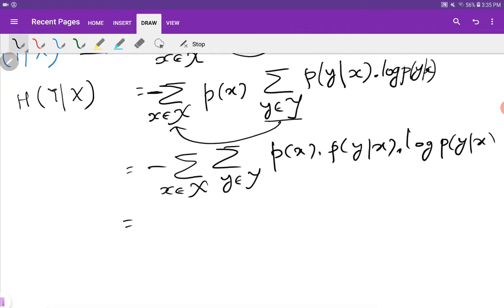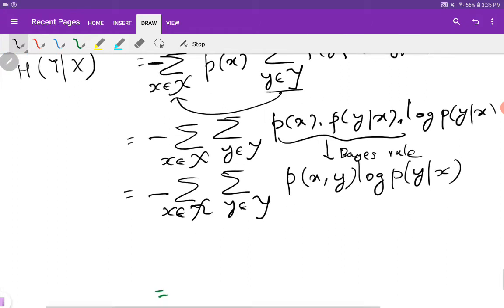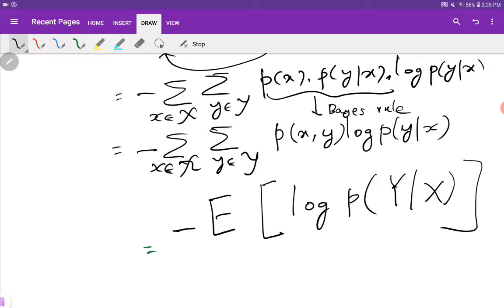So this is equal to the negative of the sum over x and y of p of x comma y log of p of y given x, from Bayes rule. After further applying Bayes rule, this is equal to the negative of the expectation of log of p of y given x. So this is H of y given x.